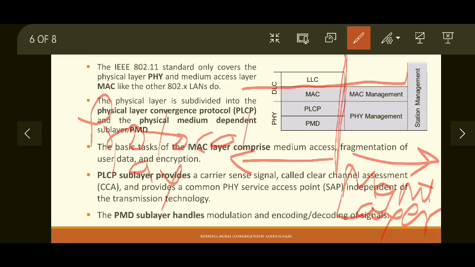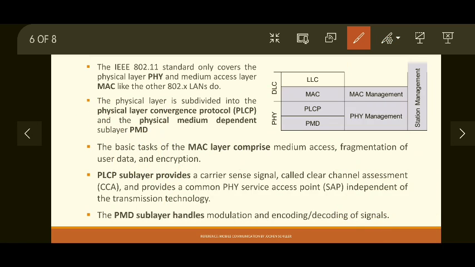In the protocol layer, the physical layer is divided into two sublayers, PLCP and PMD. Then the remaining is the MAC, which has the basic task of controlling the medium access, that means the way in which users will access the medium, then fragmentation of user data depending on bandwidth available, and encryption in order to maintain security.